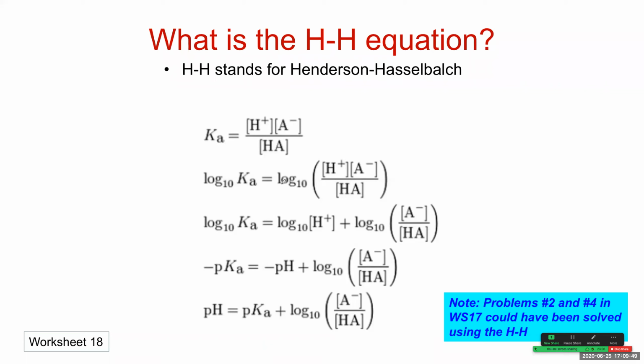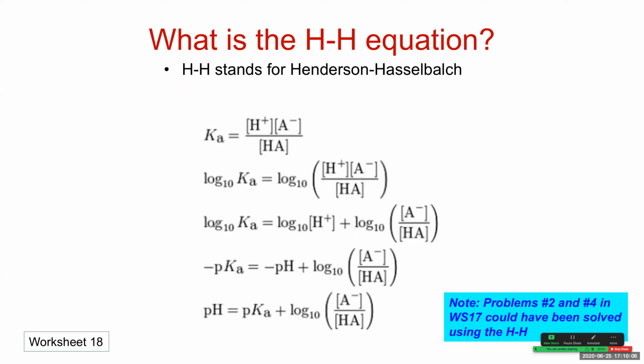If you take the logarithm of both sides, you get log K equals log base 10 of [H+] times [A-] over [HA]. You can break this out to log [H+] plus log base 10 of [A-] over [HA].